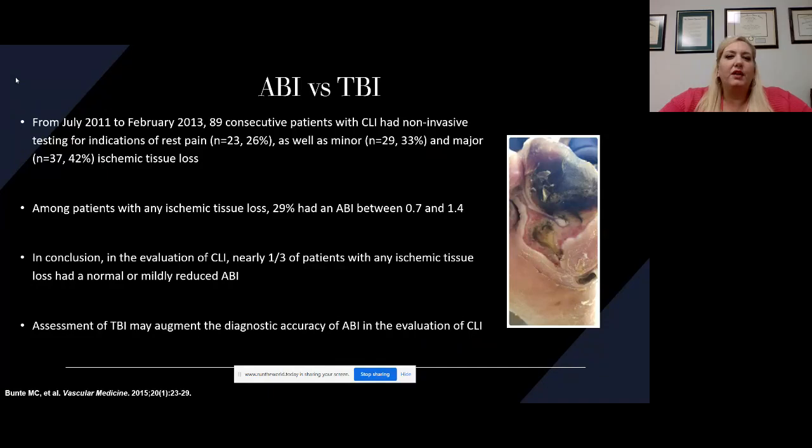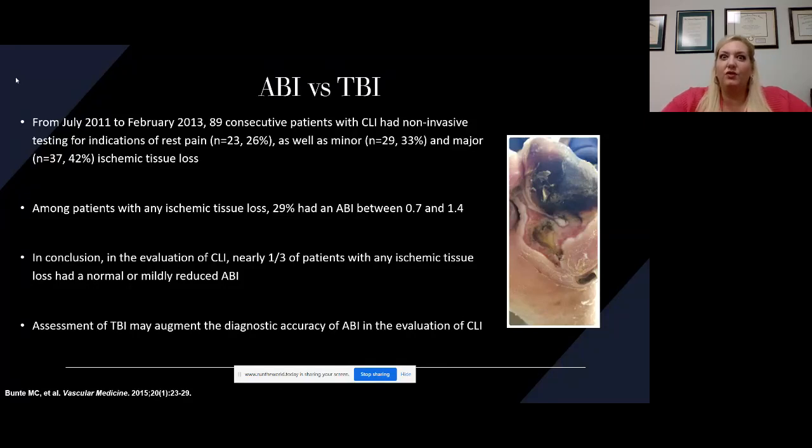So we talked about the ABI versus TBI, and there's a lot of evidence out there to support it. There was a study done from July of 2011 to February 2013, and there were 89 patients that had CLI, critical limb ischemia, and had non-invasive testing done, for complaints like rest pain, for minor and major ischemic tissue loss.